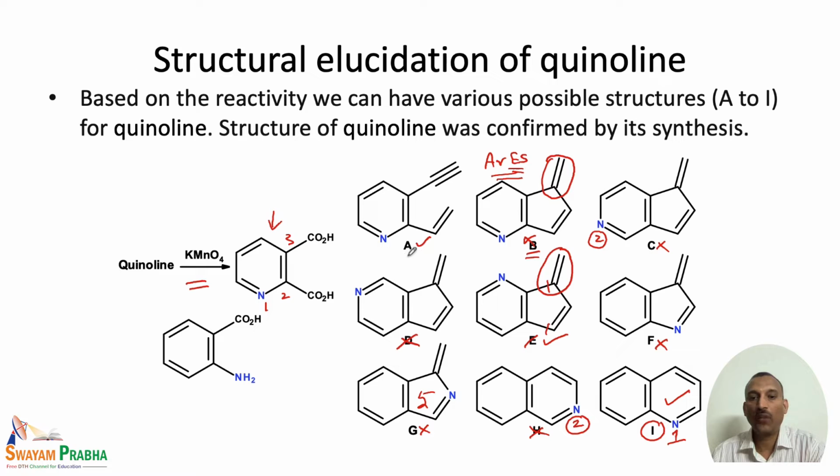So structures A, B or E cannot explain the aromatic electrophilic substitution of the quinoline moiety. We can completely rule out these structures for quinoline. Then finally we can confirm that the structure of quinoline is given as in I. And finally we can carry out the synthesis to confirm the structure of quinoline.